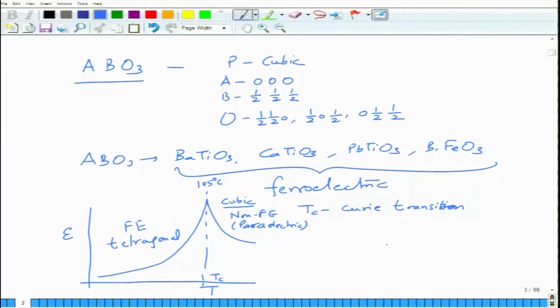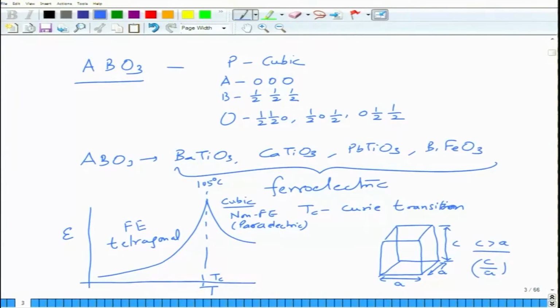So, the unit cell, which is a cube, now converts into a shape where, below Tc, this length is slightly larger than these two lengths. So, this is A, this is A, this is C. C is greater than A, and there is some C by A ratio which the unit cell will have.